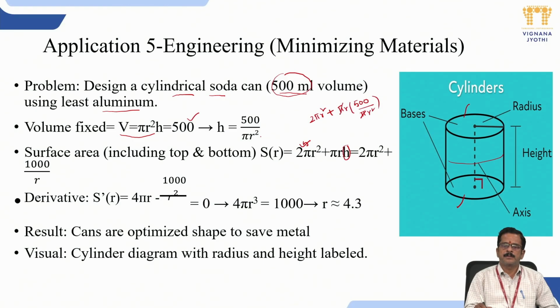Pi gets cancelled, r gets cancelled, so 500 by r. This is not 1000 by r, it happened by mistake. So 500 by r.